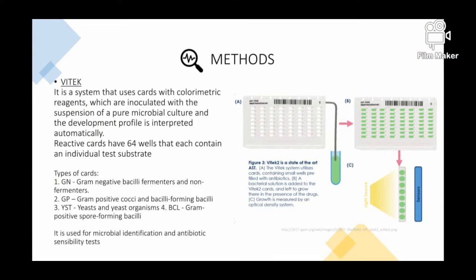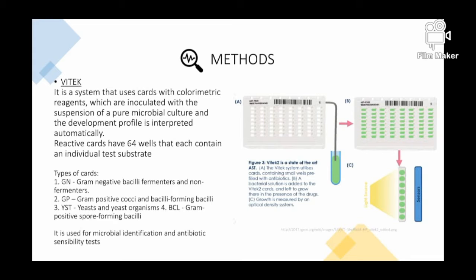The third method is VITEK. It is a system that uses cards with colorimetric reagents which are inoculated with a suspension of a pure microbial culture, and the development profile is interpreted automatically by an optical density system. Reactive cards have 62 wells that each contain an individual test substrate.